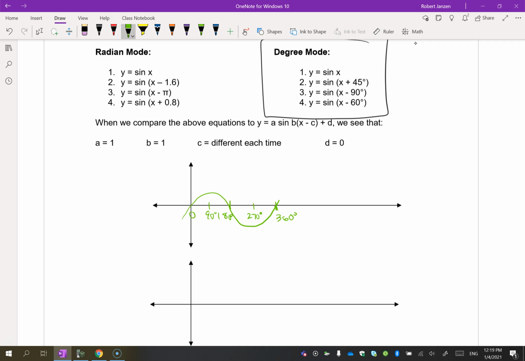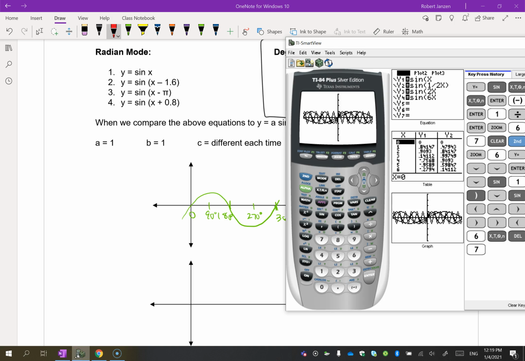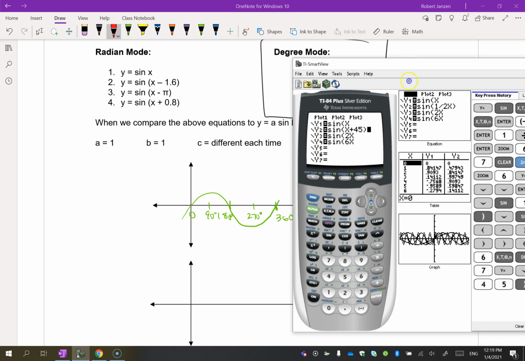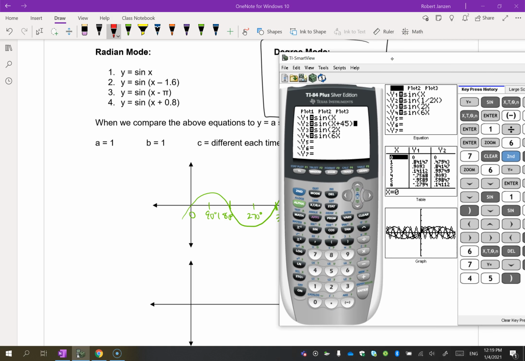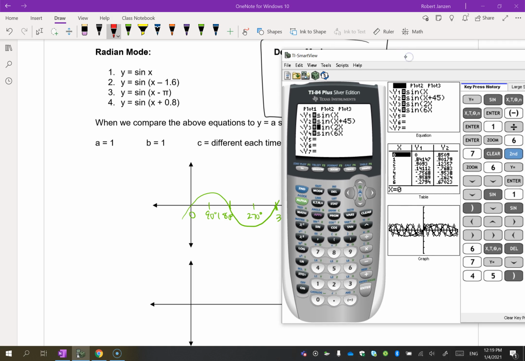Okay, and then this one is 45. So let's try and put that on the graph. Let's go to y equals, we'll leave the first one, and we're going to write sine x plus 45. Okay, and then the next one, we're going to write sine x minus 90.